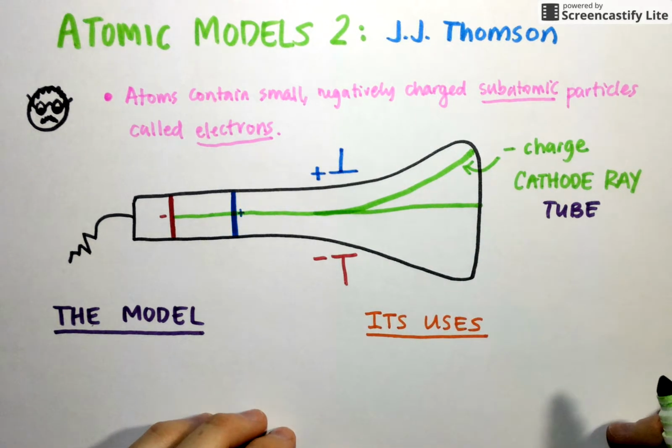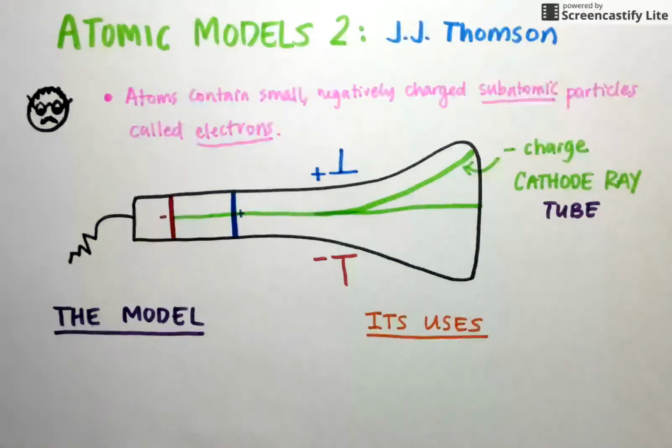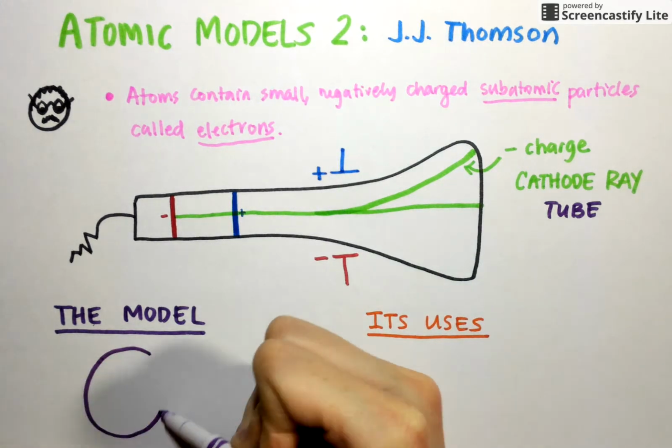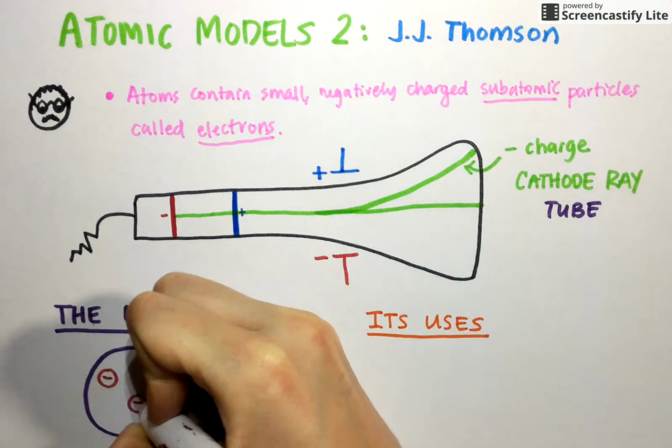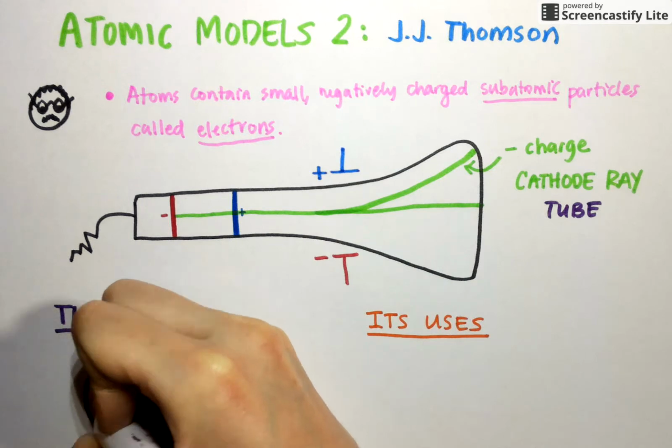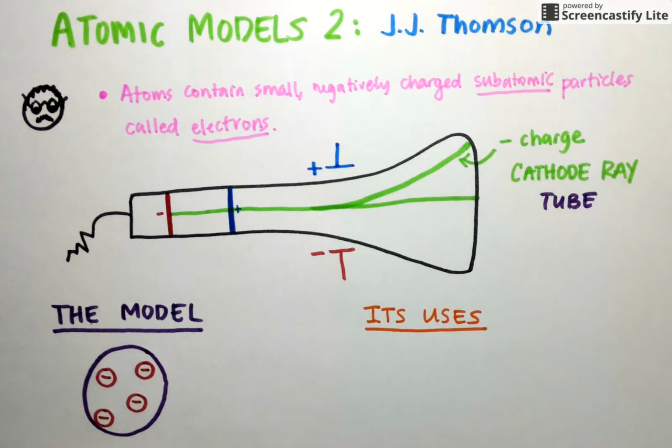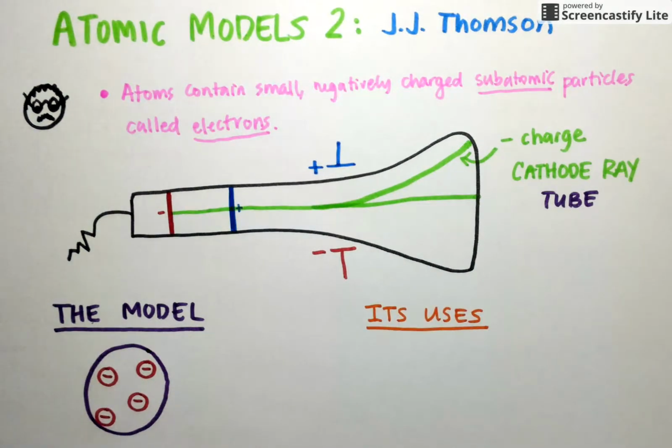But he had a feeling that it wasn't light and wanted to test that hypothesis by applying charge and magnetic force to this beam that was generated as soon as the power supply was turned on. So when this beam was exposed to a positively charged plate and a negatively charged plate, what he found was that the beam actually altered directions. It bent towards the positive charge.